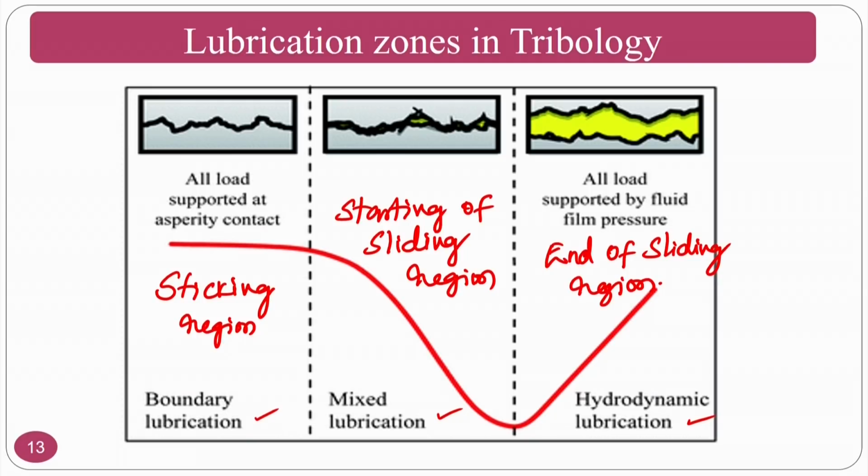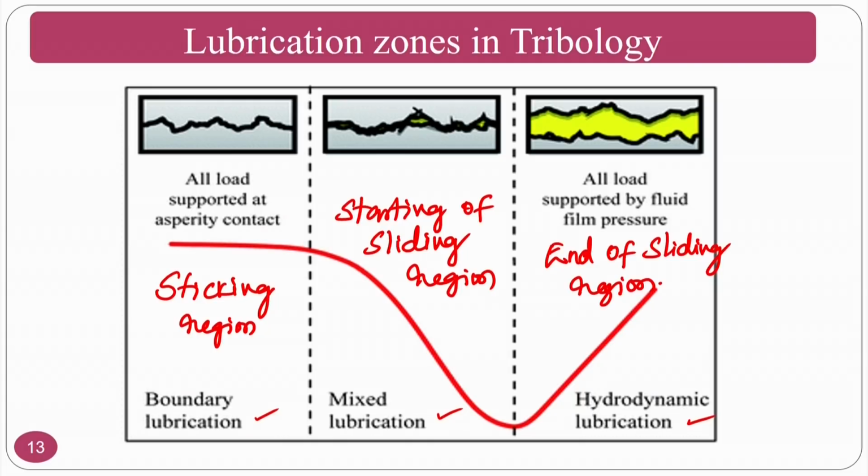So asperities plus lubricating film will be there at the start of the sliding region and the end of the sticking region. Coming to the end of the sliding region and to the free end, you will always have hydrodynamic lubrication.